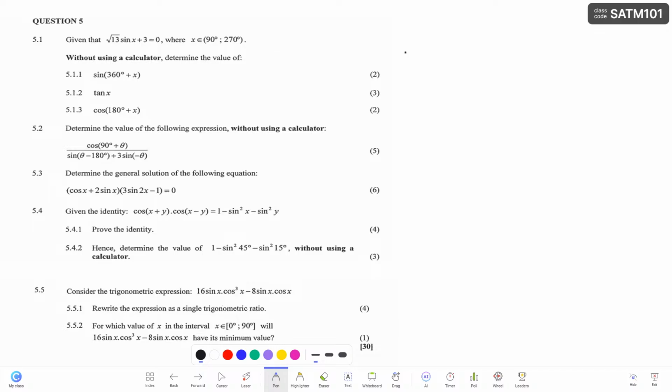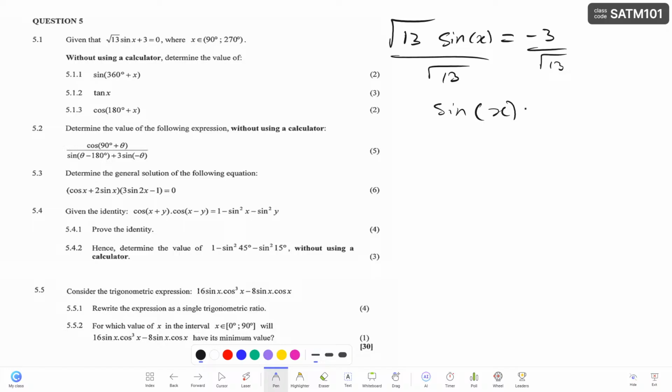So square root of 13 sine x is equal to negative 3. I'm taking this 3 outside, then dividing both sides by the square root of 13. So sine x is equal to negative 3 over square root of 13.